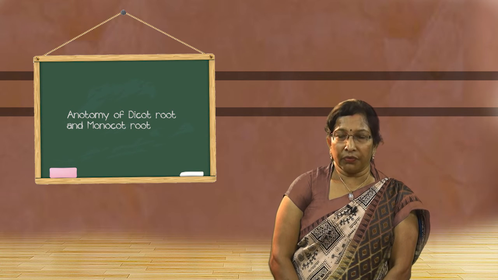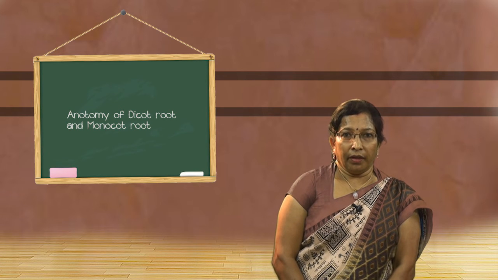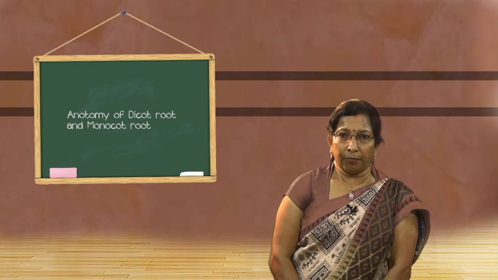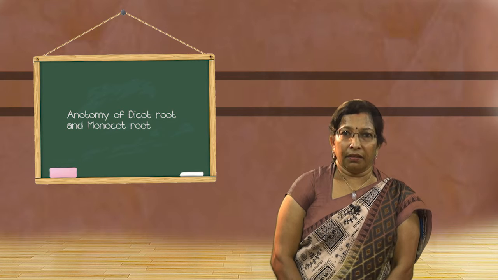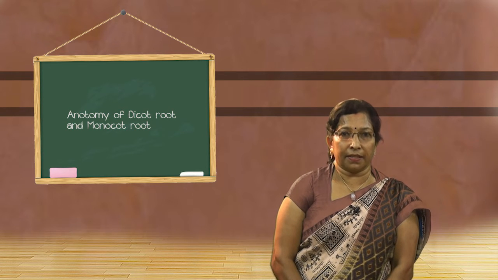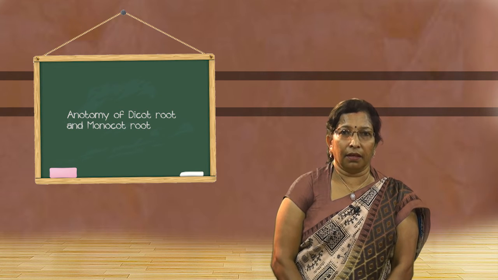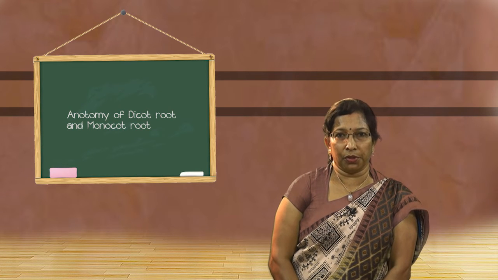So, in monocots, we can see U-shaped thickening in the endodermal cells. Here and there in the endodermis of monocot, we can see some thin-walled cells called passage cells. And these passage cells help in the transport of water molecules.